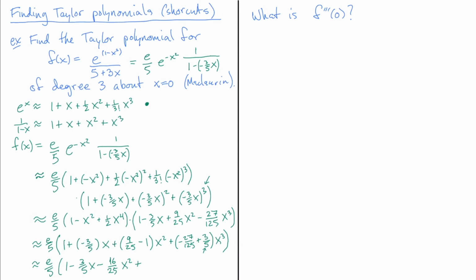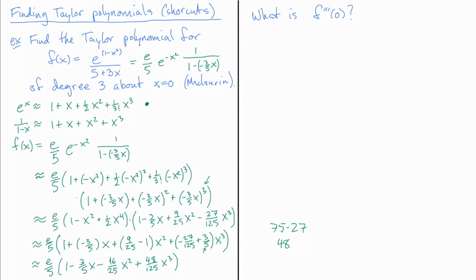So we have 75 in the numerator. So 75 minus 27 is 48. So here we have 48 divided by 125, and that's multiplied by x cubed.